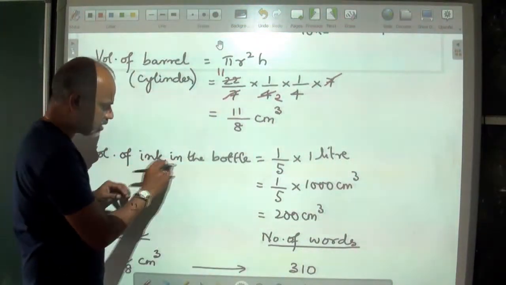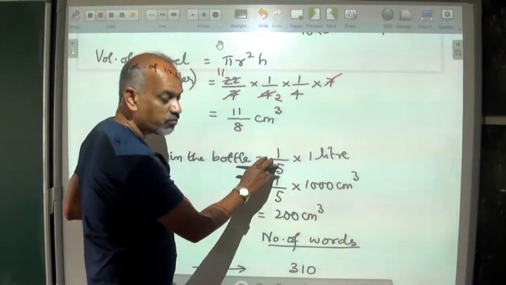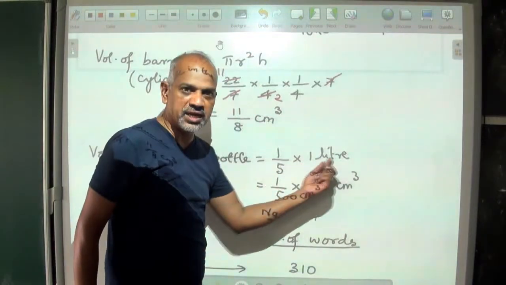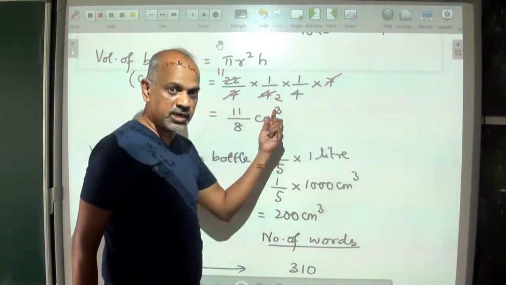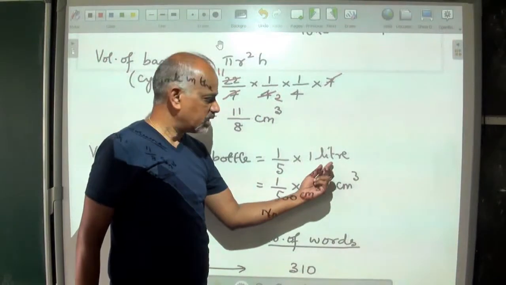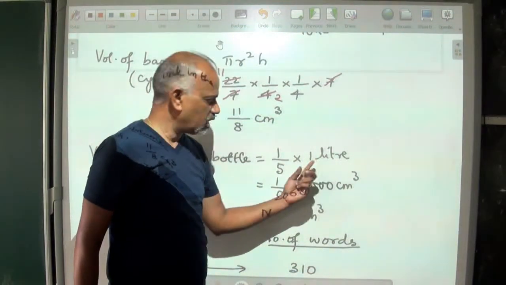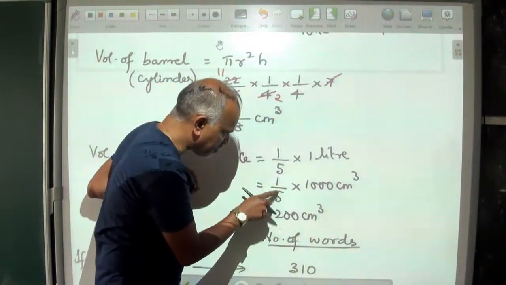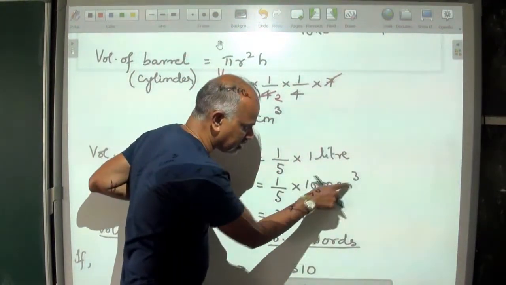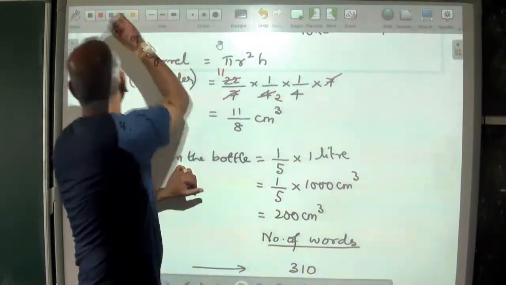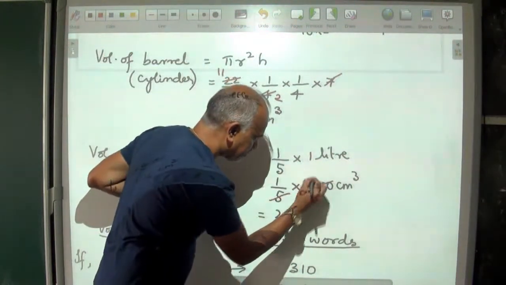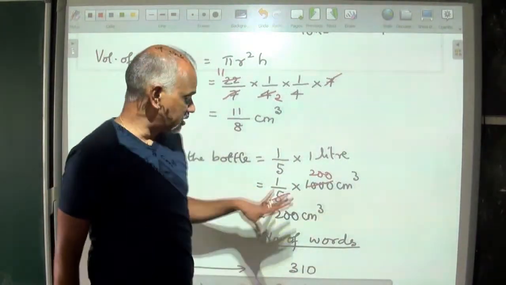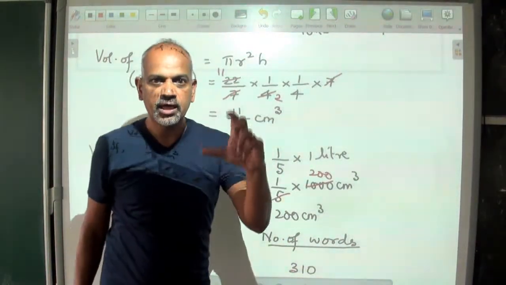So volume of ink in the bottle is 1/5 of 1 liter. This was in centimeter cube, this is in liter. Therefore, change the liter to centimeter cube. 1 liter is 1000 centimeter cube. So 1/5 of 1000 centimeter cube, if you simplify this, gives you 200 centimeter cube. This is the volume of ink that is there in the bottle.